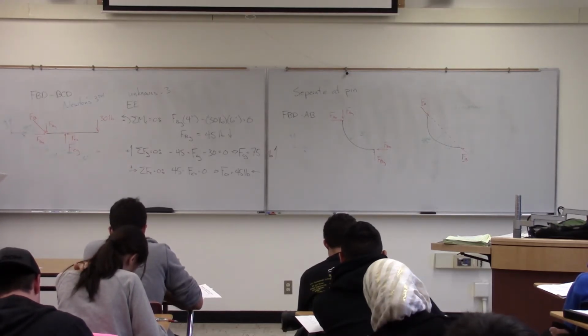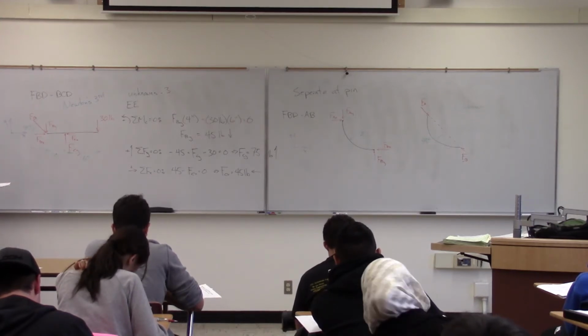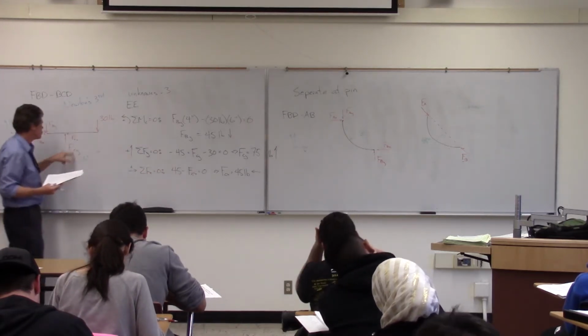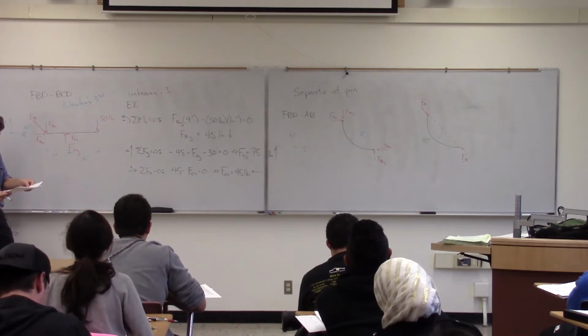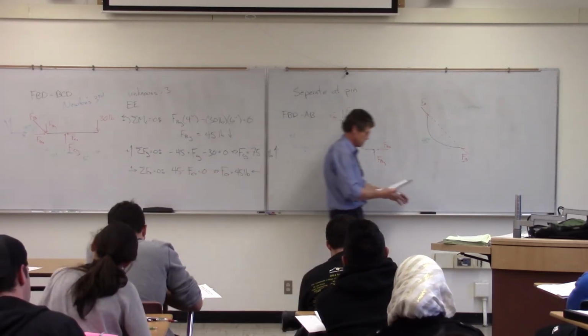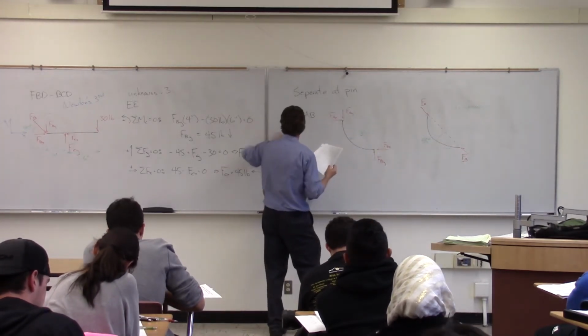My Fcx is acting in the opposite sense, and I solve for that. It comes out positive, which implies I chose the right direction for it, which is actually in the negative sense.